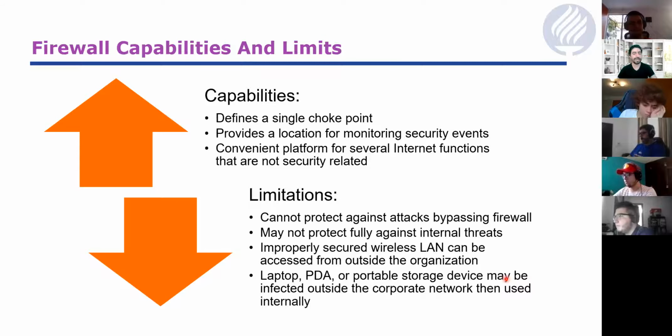So it's basically traffic not passing through the firewall, but I'm carrying it in my pocket, right? The infected files, I'm connecting to my laptop or my computer in the classroom or in my office, then that's how I infect the internal network.